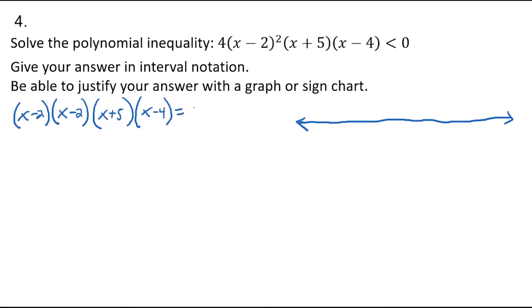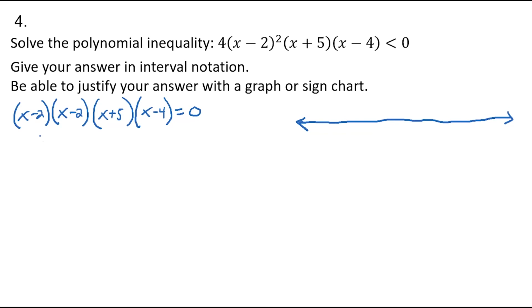Set all this equal to 0. The reason I didn't include the 4 is that I can divide both sides by 4, and so it eliminates the 4. But what I have to do is find the values of x that result in 0, so that I know where to mark off the critical points on my number line.